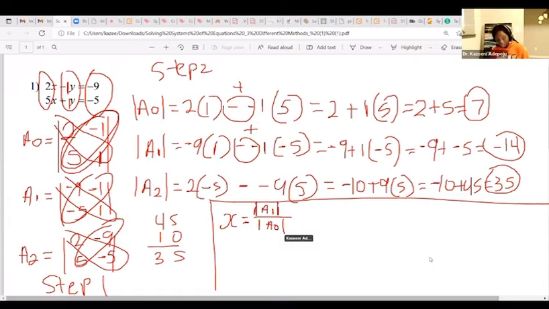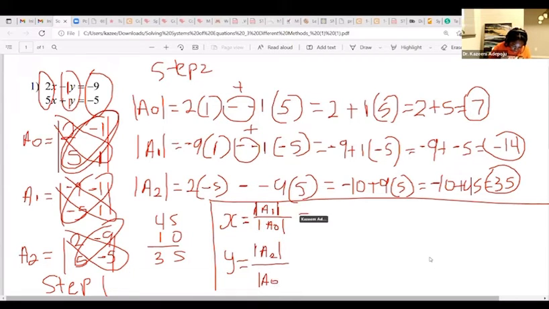That's how to get our X. So now to get our Y is going to be A2, the determinant of A2, and then the determinant of A, and then what you're going to divide A2 by is A0.